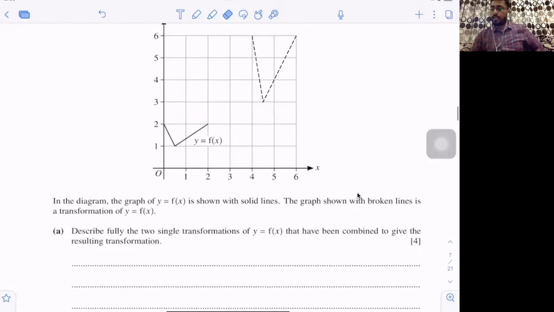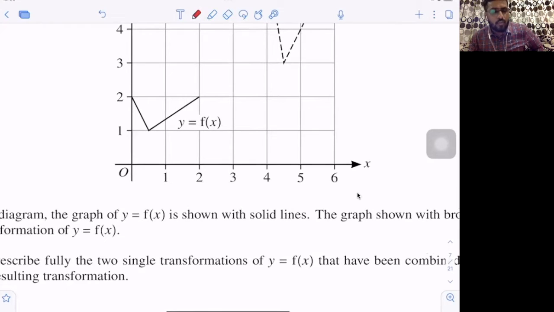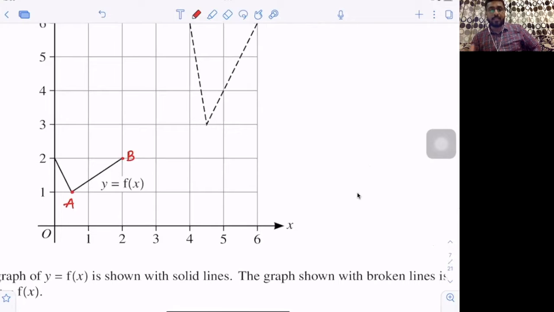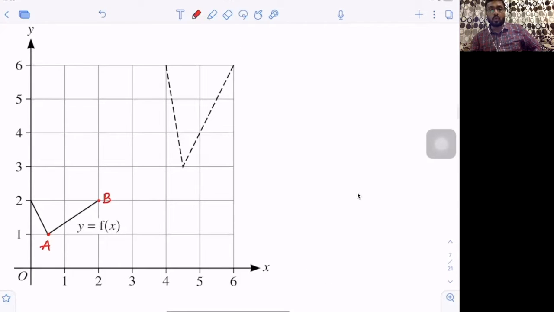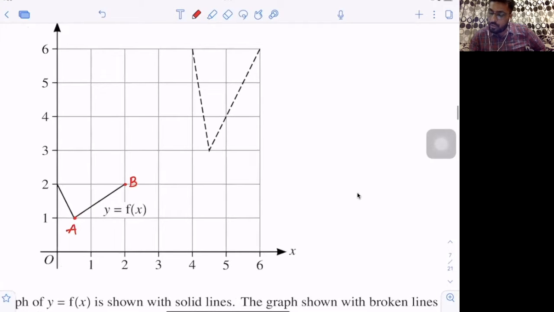What I'm going to do here is call this y equal to f of x, the solid lines. Let's call these point A and point B. So you have line AB, and this line AB is getting transformed into a broken line. So I can call this point A prime and this point B prime. I'm going to get the equations of the two lines AB and A prime B prime.